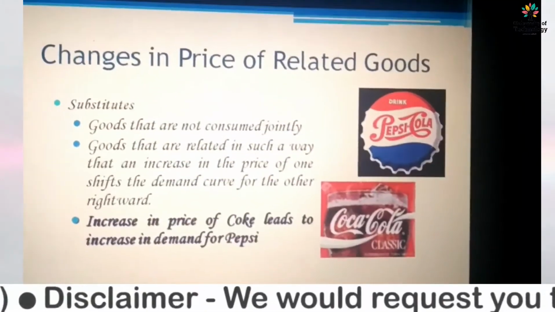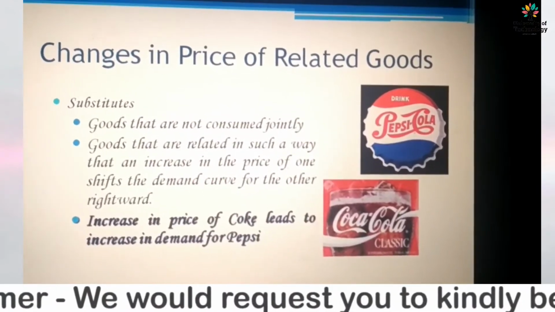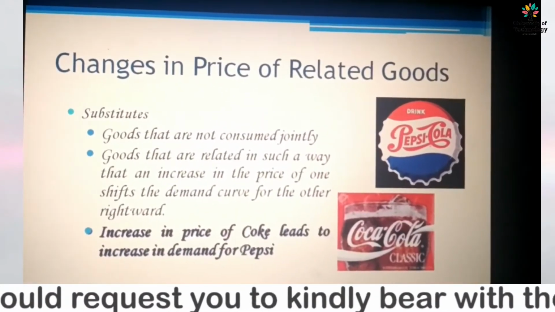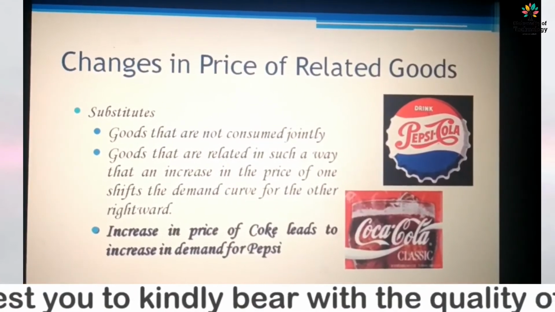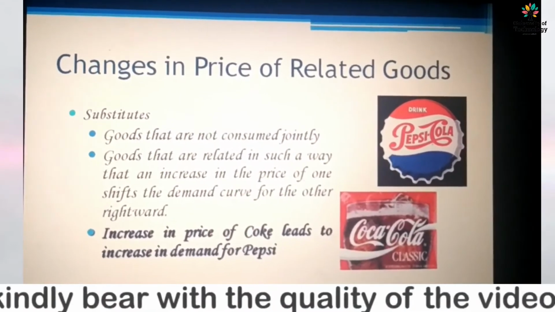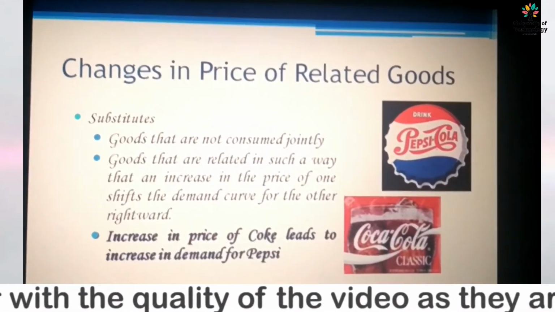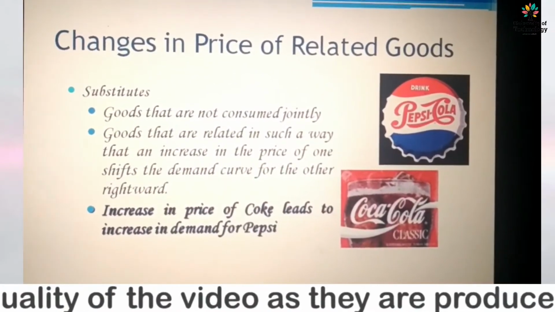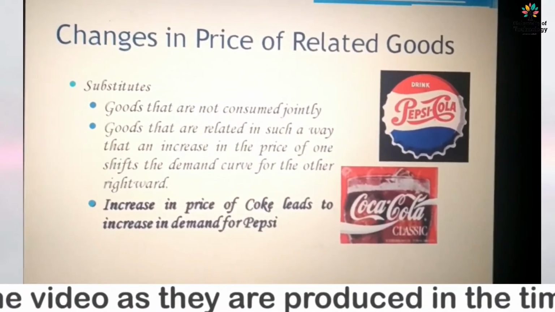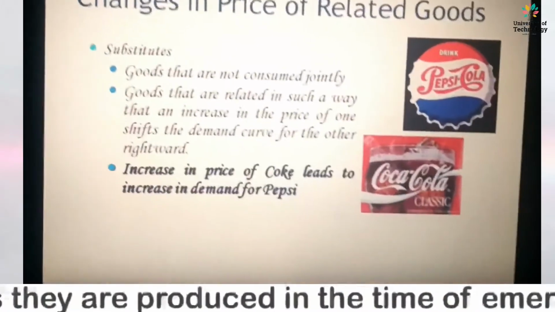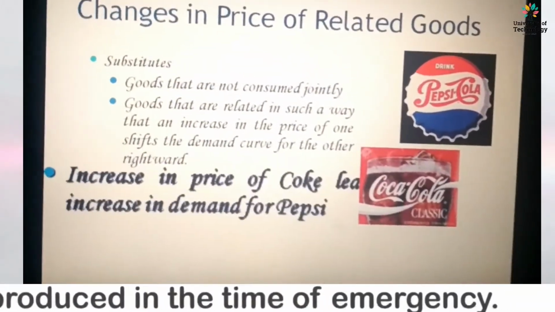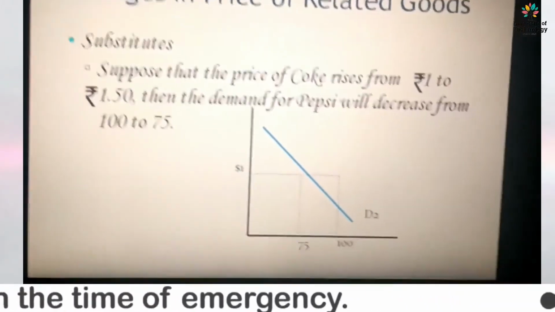If we are talking about Pepsi and Coca-Cola, an increase in the price of Coke leads to an increase in the demand for Pepsi. It means there is a positive relationship; both go in the same direction. This is the impact of a substitute good.